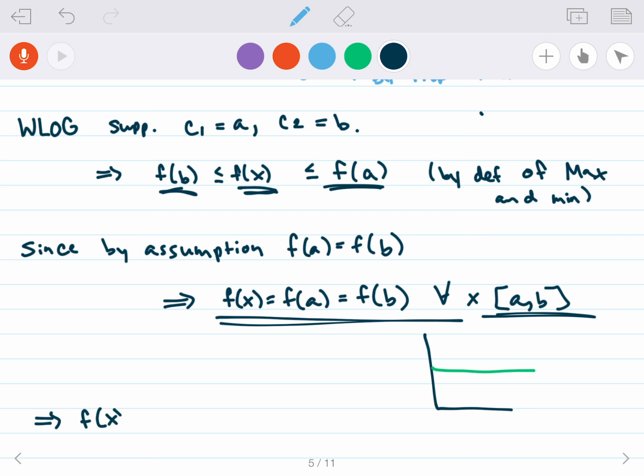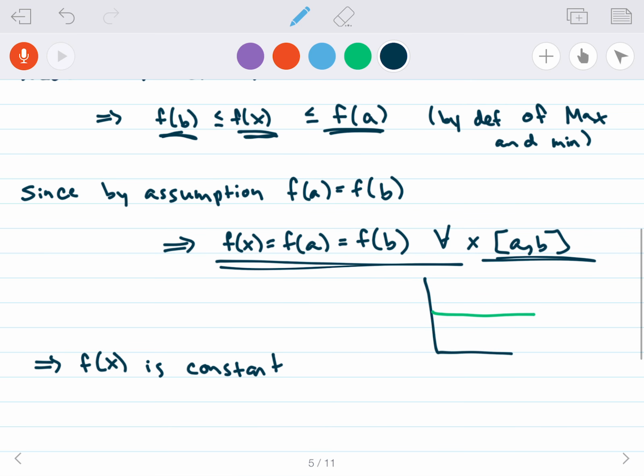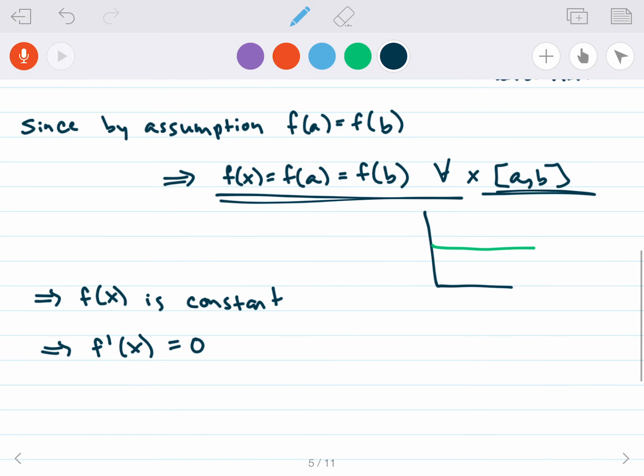And we know that the derivative of a constant function is 0. So that means that f prime of x is equal to 0, which implies that there is a c in our interval from a to b so that f prime of c is equal to 0.